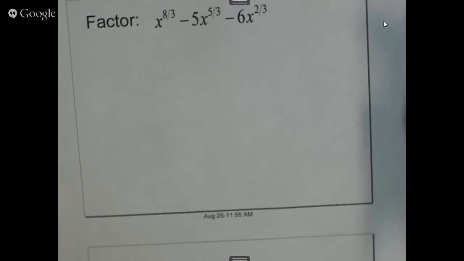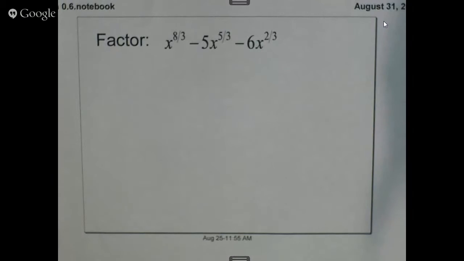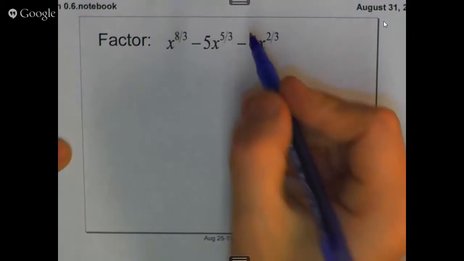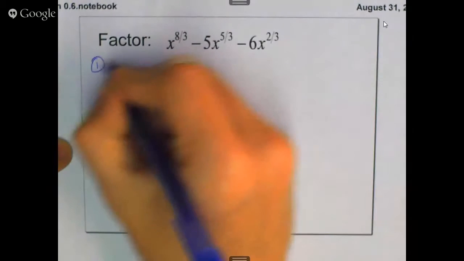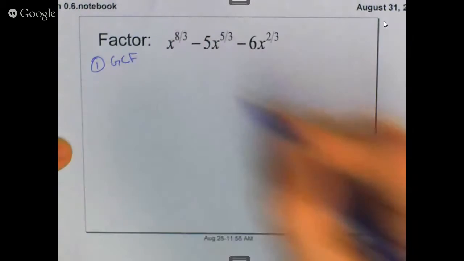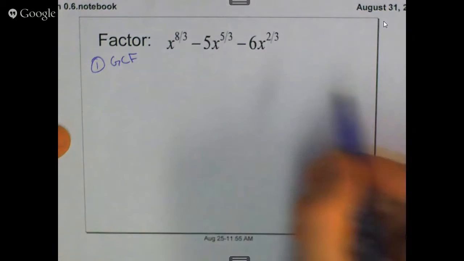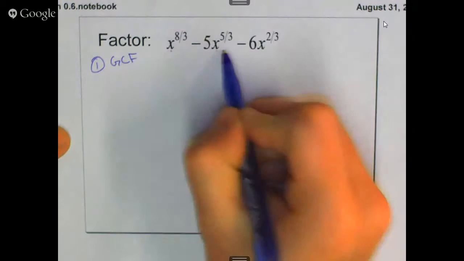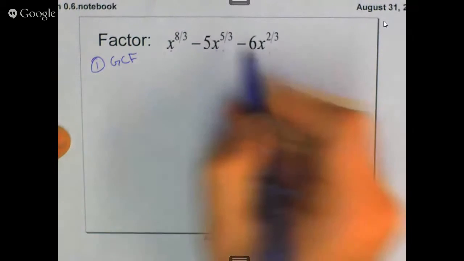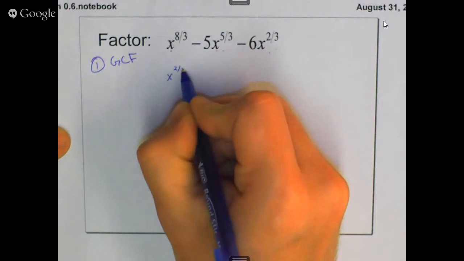So let's make it a little bit harder here with some factoring stuff that we've talked about. Now, if you just look at this problem, you might realize that it's pretty hard, okay? But if you go back to the factoring steps we talked about, the first thing we look for, number 1, is GCF, your greatest common factor. Well, how many x's go into each one of these? That would be x to the 2/3.